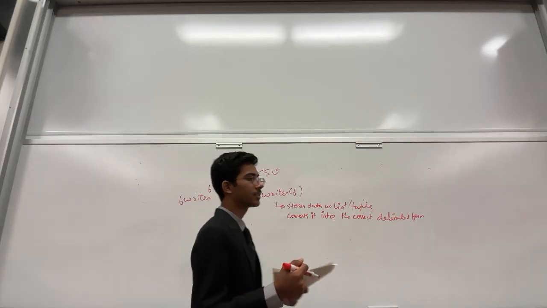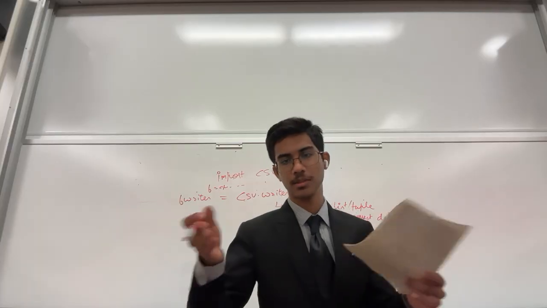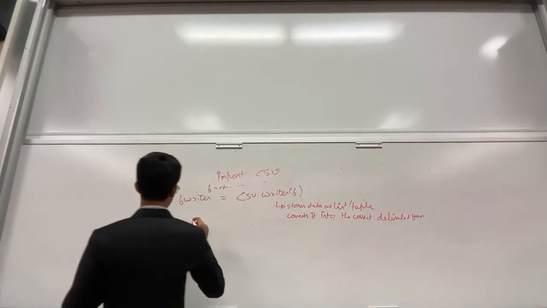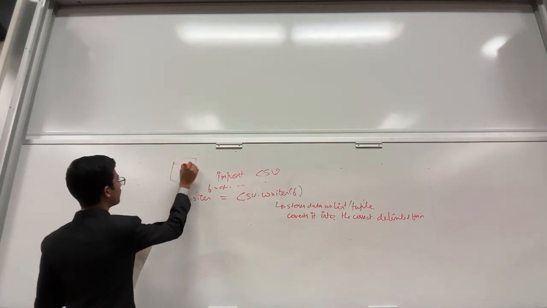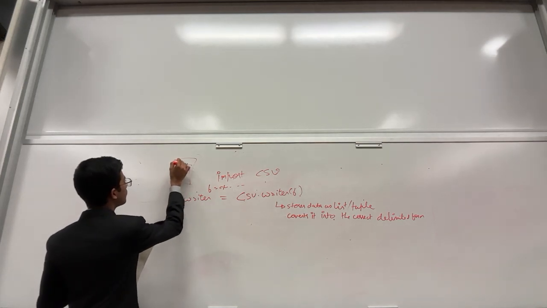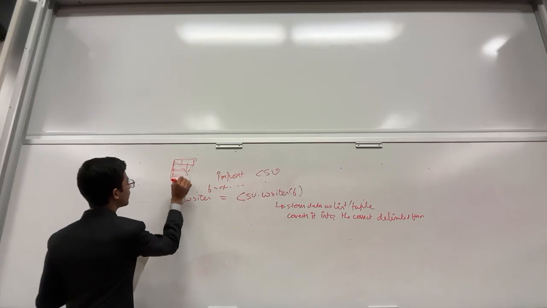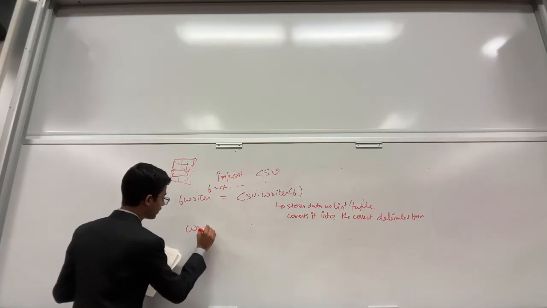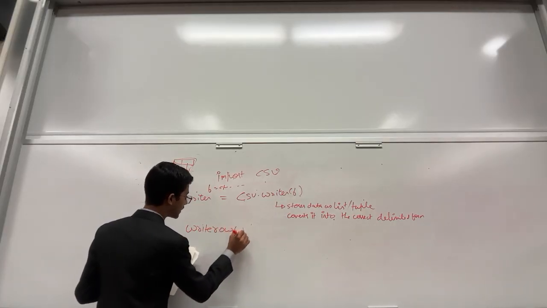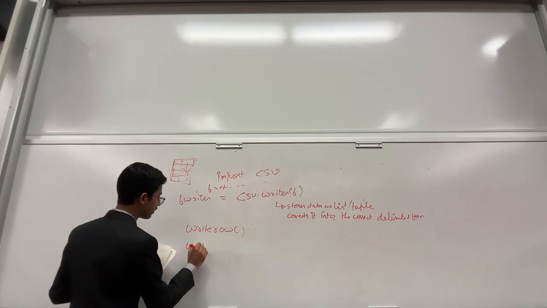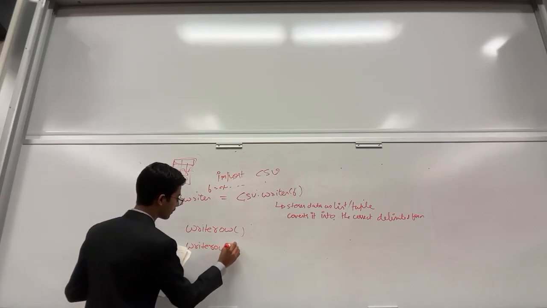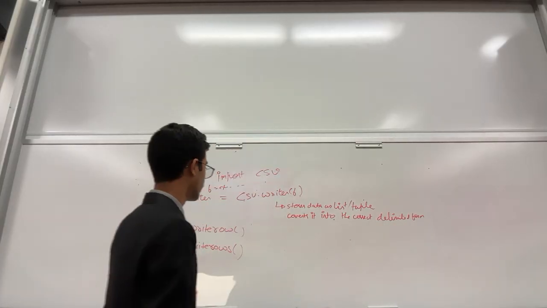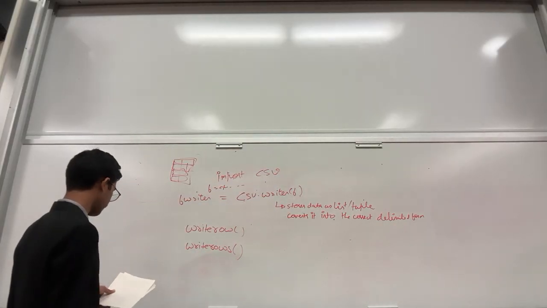How do I write? Well, write functions normally tend to stay the same, with write being a part of it. Since we have a table that we need written, we essentially want to write the rows in that table. So we will use something called writerow for single rows and writerows for multiple rows, or the entire data that we want to insert at once.